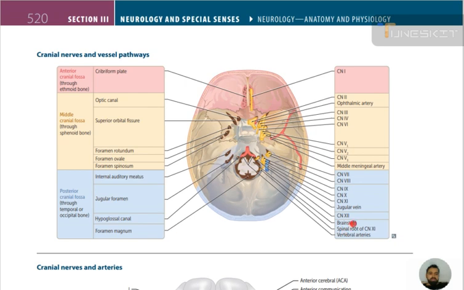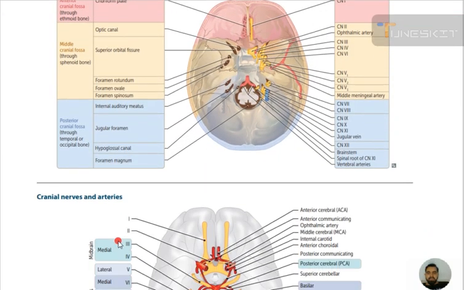From here the brain stem, the spinal root of cranial nerve 11, and the vertebral arteries pass. These are the anatomical structures, and these are the nerves and arteries which pass through them. You should remember it, at least the important ones.